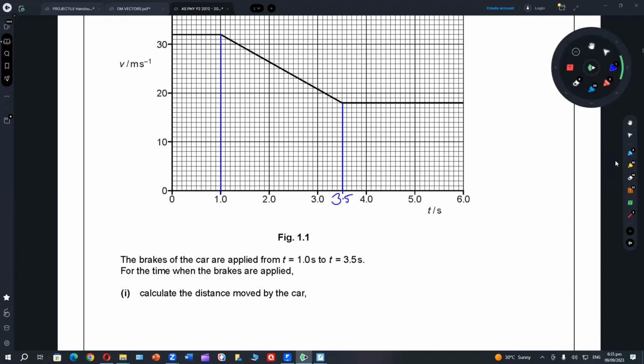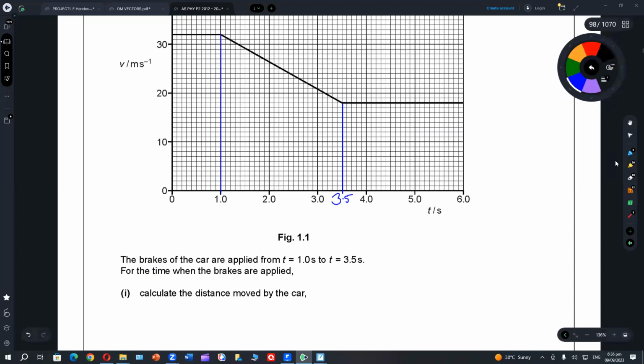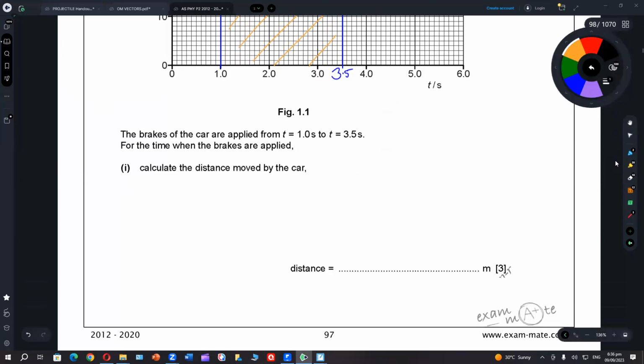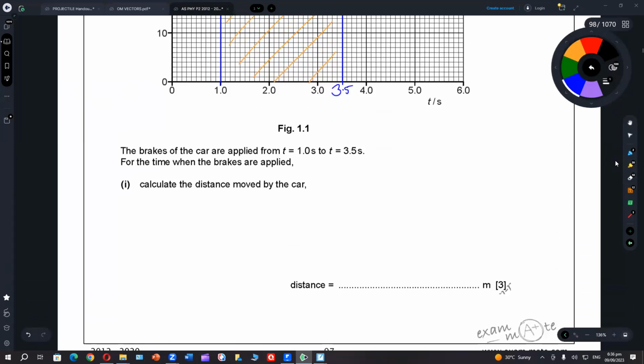Distance moved by the car, and if I see, this looks to me like a trapezium. Yes, sir. So either you use the formula of a trapezium, or you can make a rectangle here and a triangle and add them. Whatever is convenient is fine. So I refer to it as the area of a trapezium.